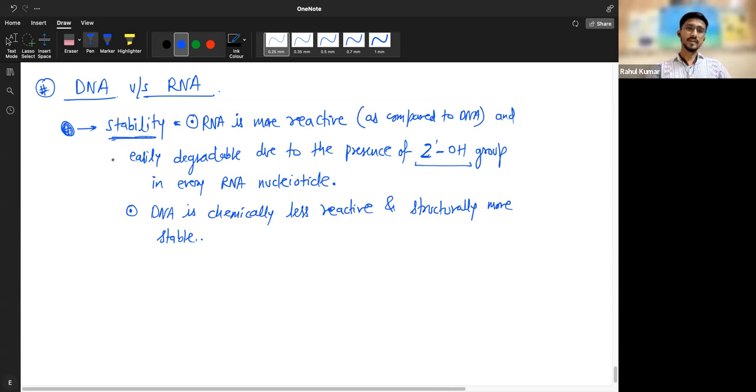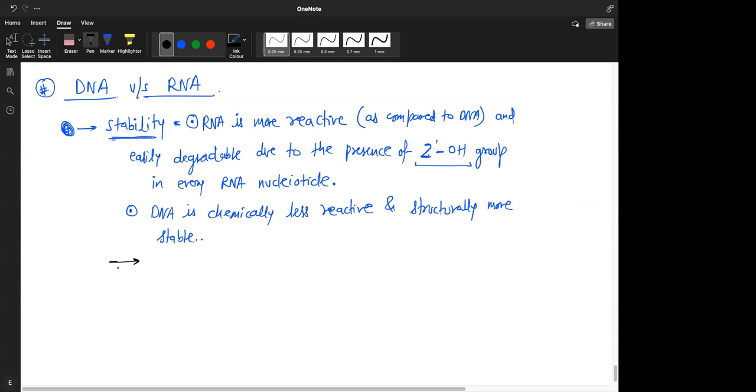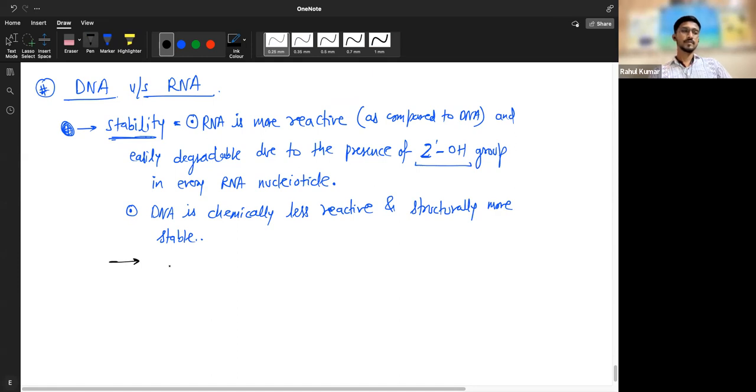So on the basis of stability, which among the two do you think is a more suitable genetic material? DNA, right? So write down. Among the two nucleic acids, the DNA is a better genetic material.